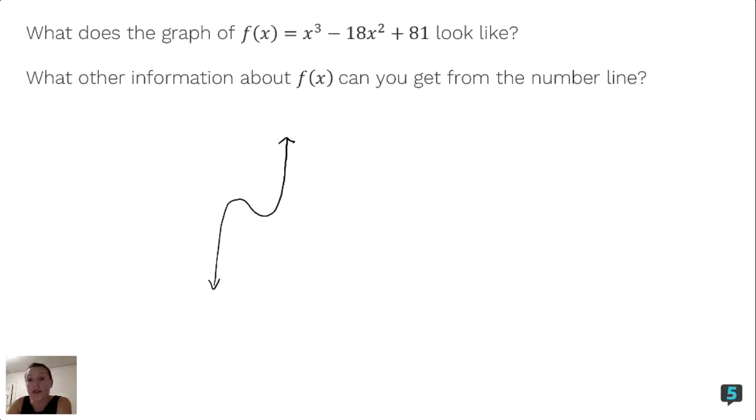So I could potentially find x and y intercepts. I don't disagree with that. It's not quite where I was going in my mind. If I look at my intervals where this is increasing, and then I look at my interval where this is decreasing, what do you notice at the points where my graph changes from increasing to decreasing or decreasing to increasing?